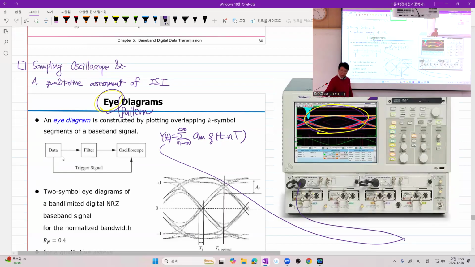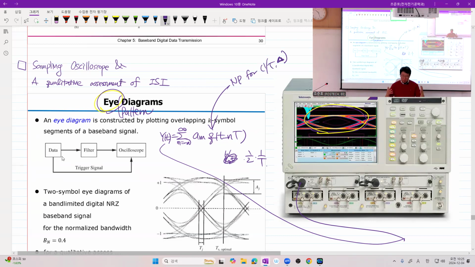Okay. And now you properly set your sweep rate as, for example, half the symbol rate. Okay. Now, what do you see? If q is a Nyquist pulse for the symbol rate 1/T.